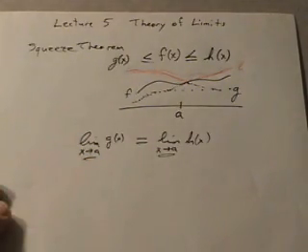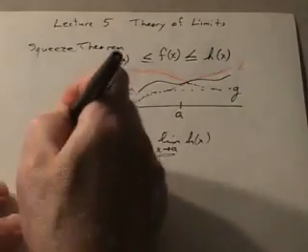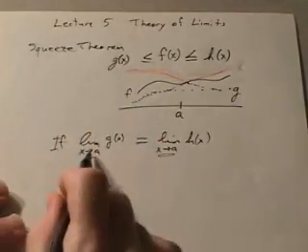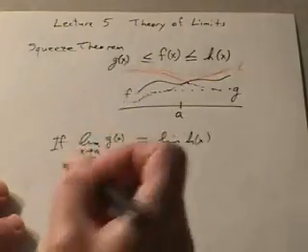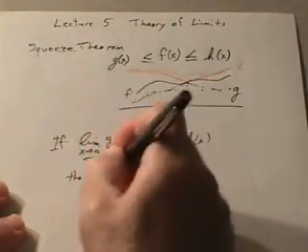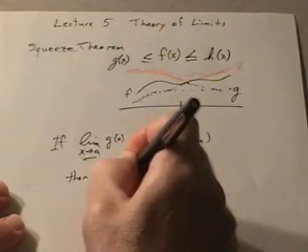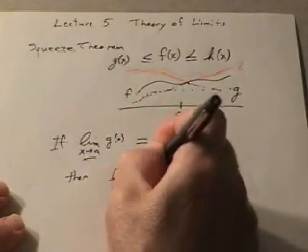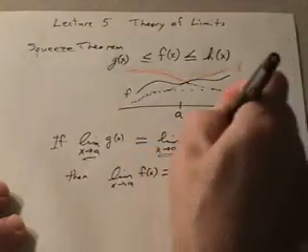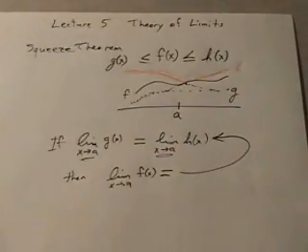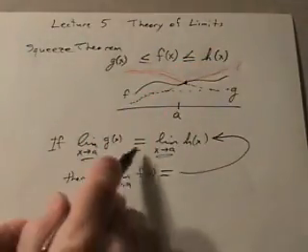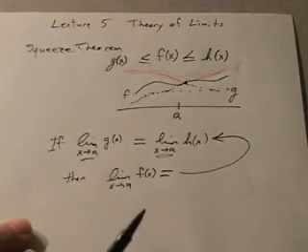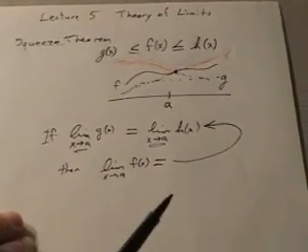I bet that you can guess. If these two functions have the same limit, and they bound the function f, then guess what? The limit as x approaches a of f of x will be equal to the same thing that those two limits are. So whatever number this happens to be, f will have a limit, and its limit will be the same as those.